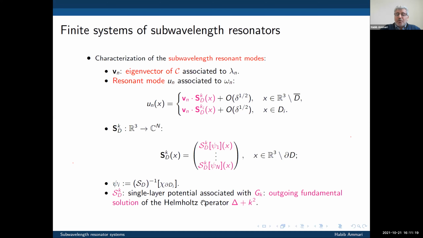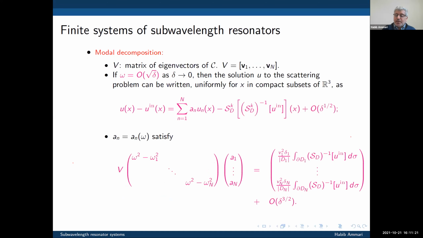Good. Now, how about when we illuminate our system of resonators? How about the scattered wave? So if we illuminate our system of resonators with a frequency which is of order square root of delta, this would be a real frequency, because this is a physical problem. Then the solution can be decomposed in this form here.